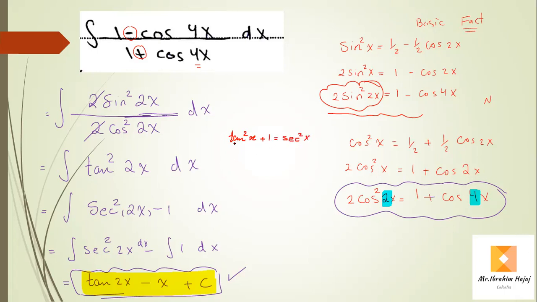That's why I replaced the tan squared by subtracting 1 from each side. So I replaced the tan squared x by sec squared x minus 1. Why did we do that, guys? Because it's easy to find the integral of sec squared, easier than tan x, and the integral of minus 1 is minus x.